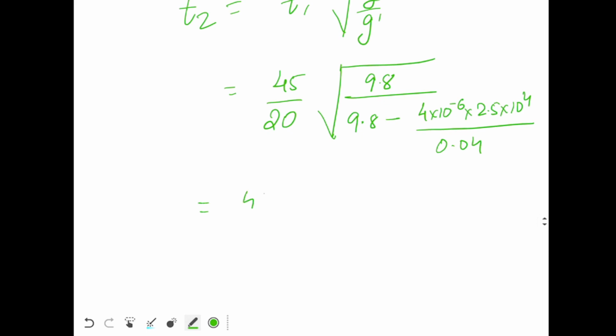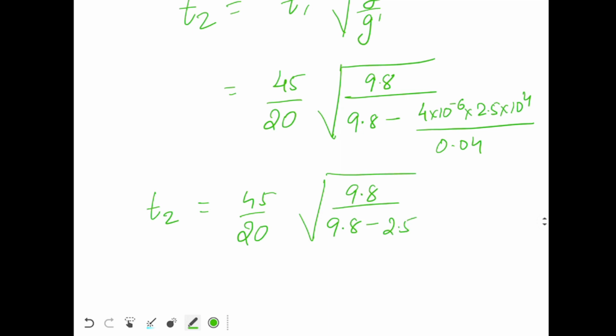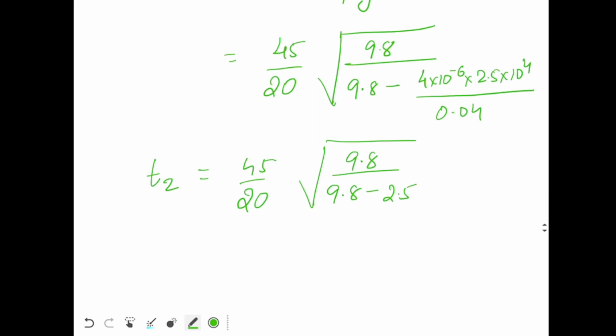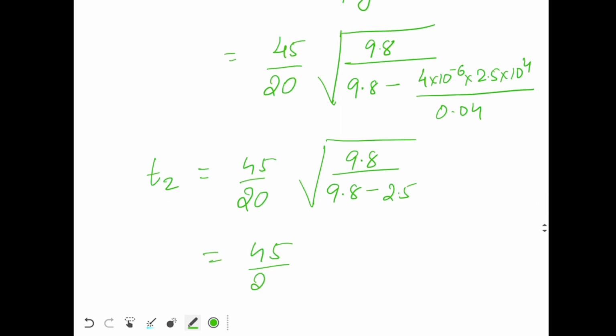So this will come out to be equal to 2.5. T2 equal to 45 by 20 root 9.8 divided by 9.8 minus 2.5. So this will be equal to 45 by 20 into 1.16 seconds. This is the time period in the new situation.